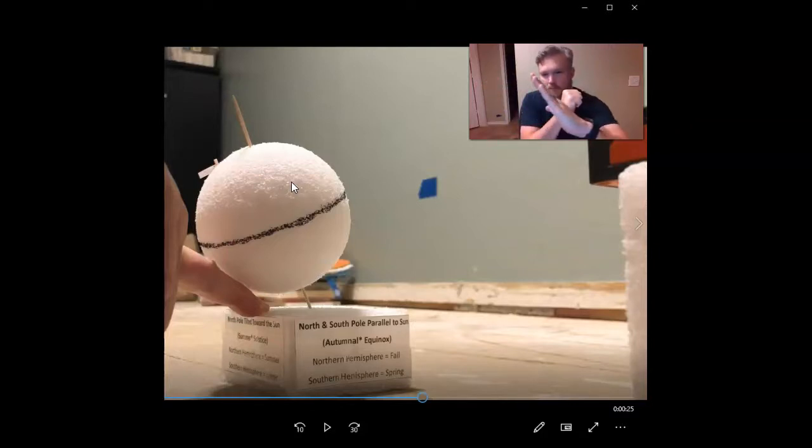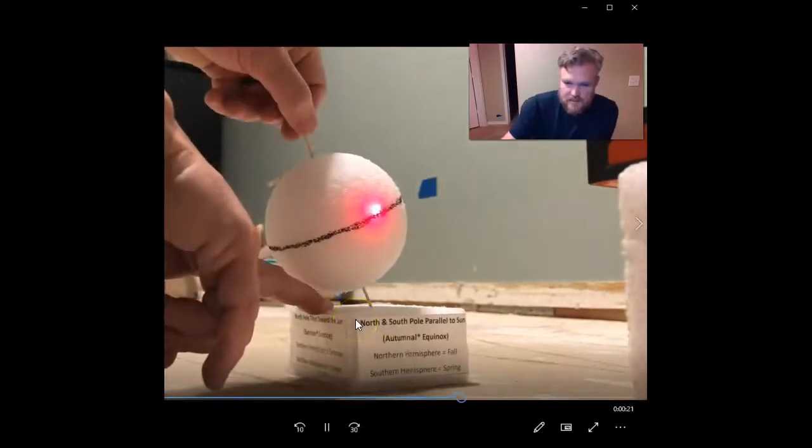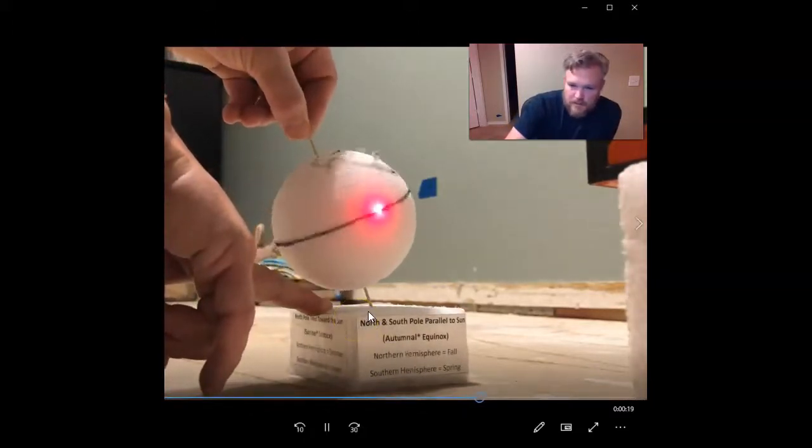So it's these middle points that always give me trouble. It shouldn't change anything, but when you put the laser beam on there, it makes it evident that when the tilt is not facing it, the laser beam tracks right along the equator.